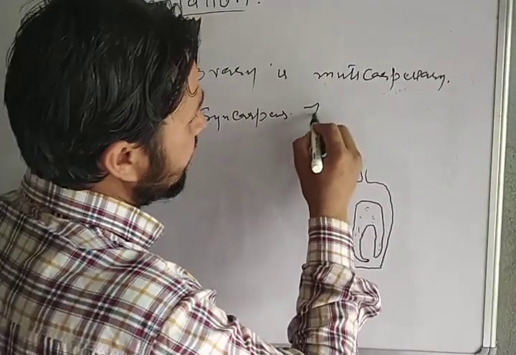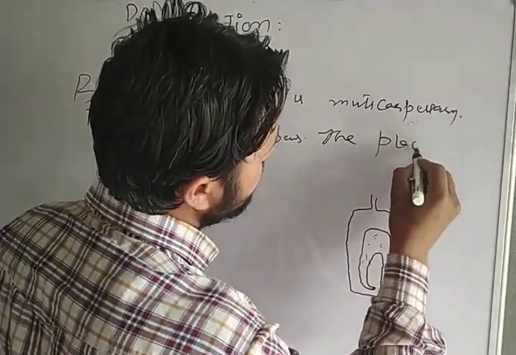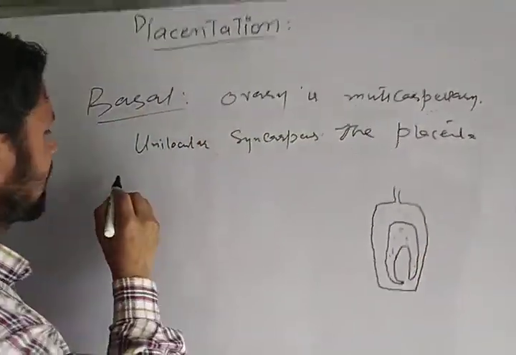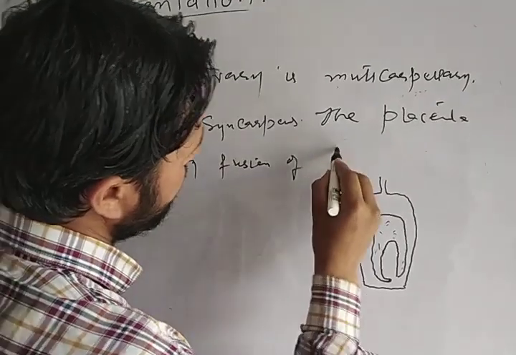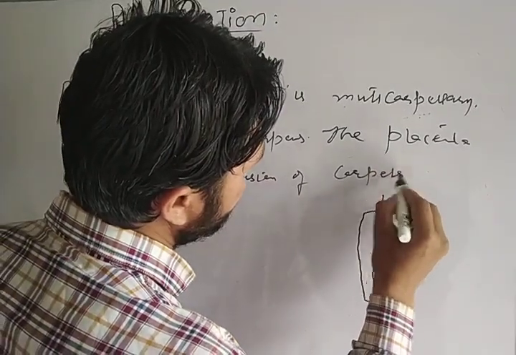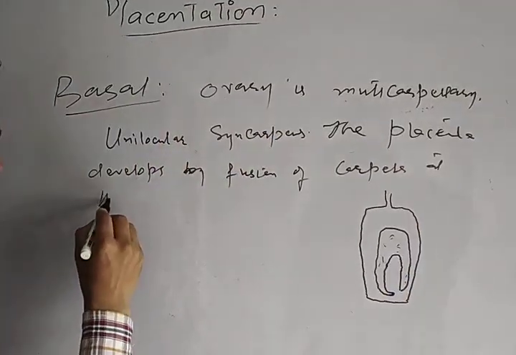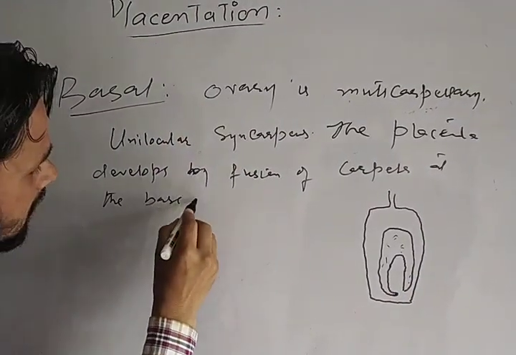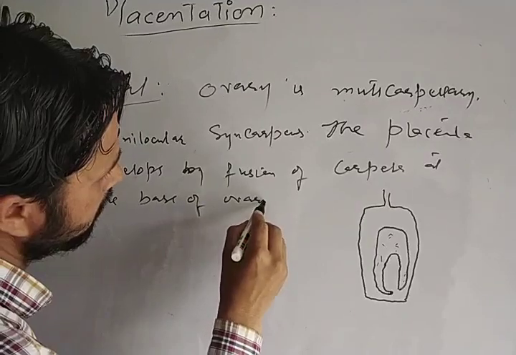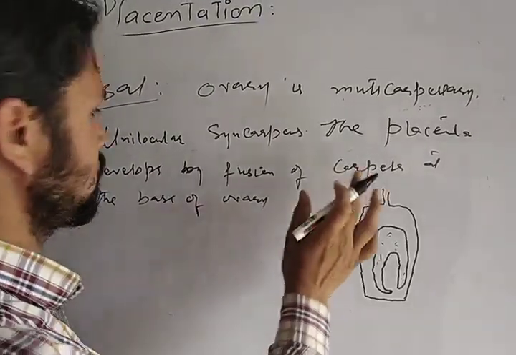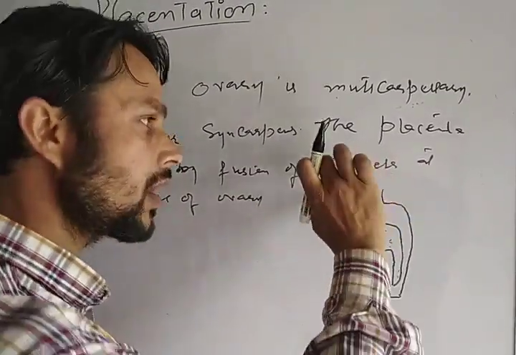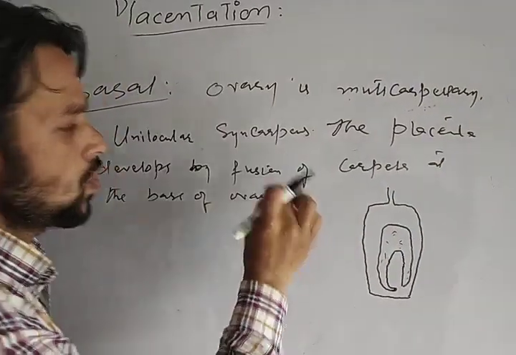That is, the placenta develops by fusion of margins of carpels at the base of the ovary.